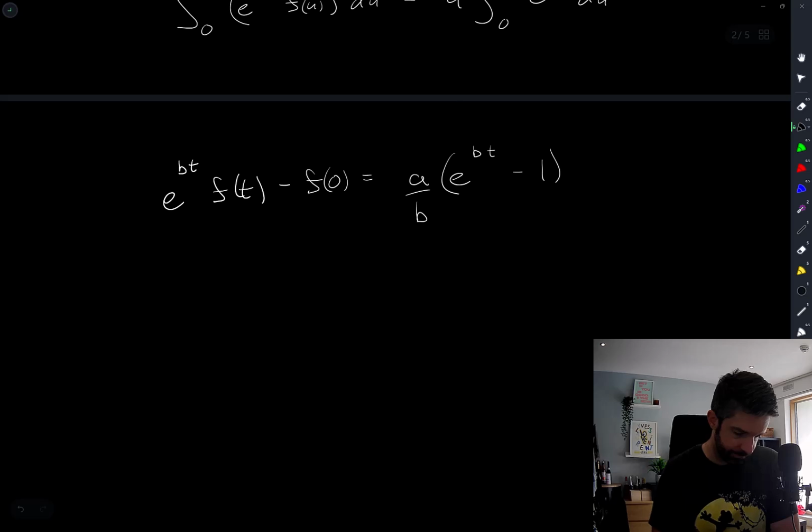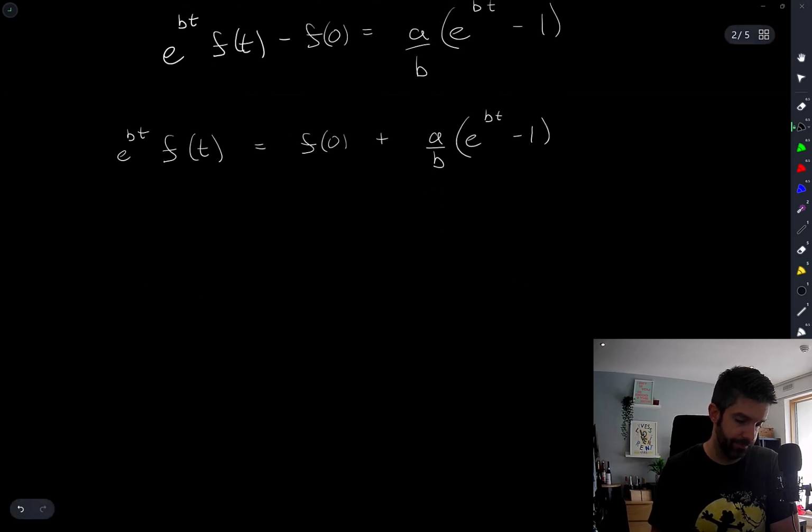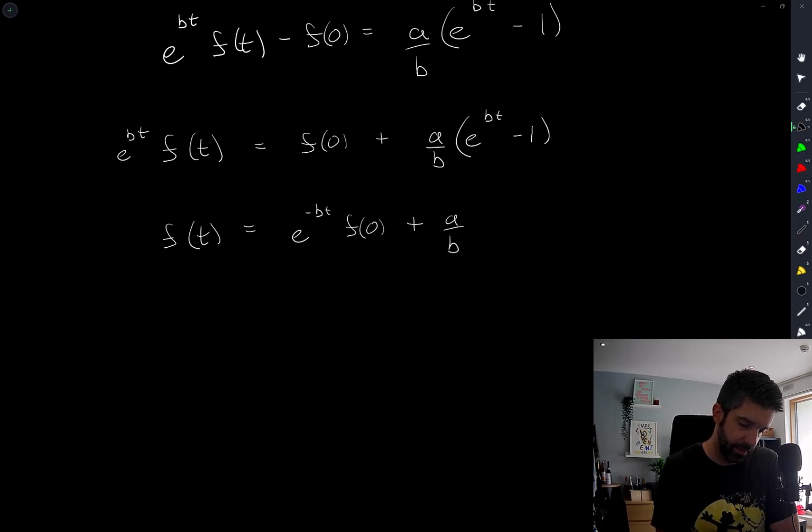Okay, so f of t e to the bt is equal to f of 0 plus a over b times e to the bt minus 1. And so f of t is equal to e to the negative bt f of 0 plus a over b times 1 minus e to the negative bt.